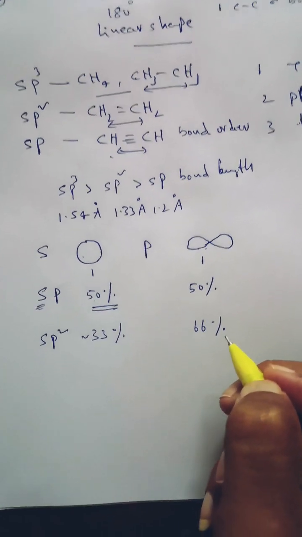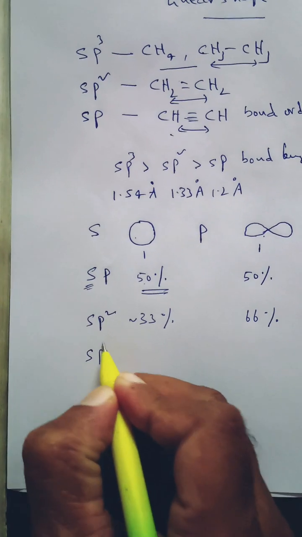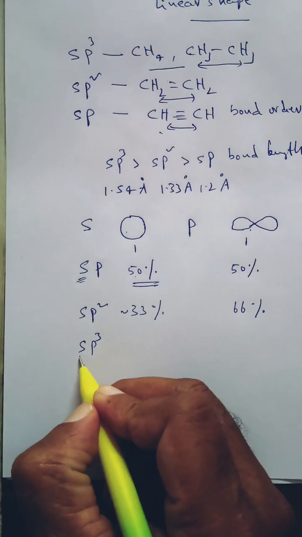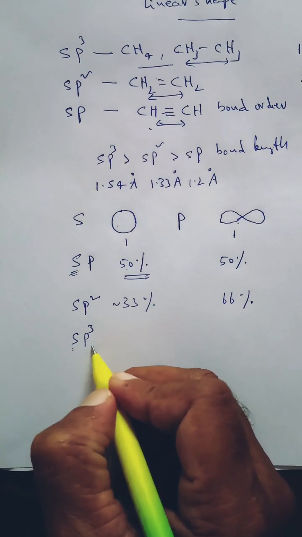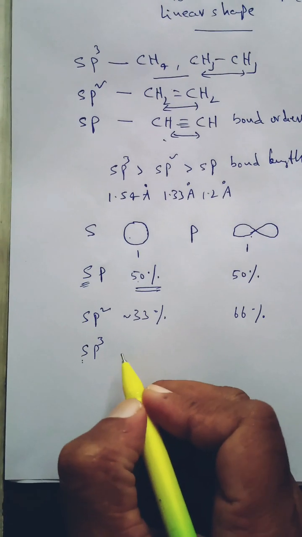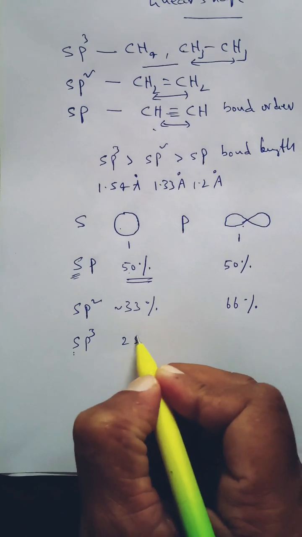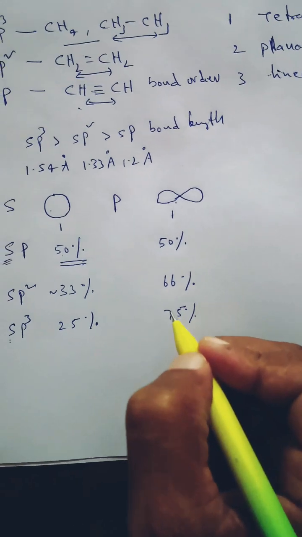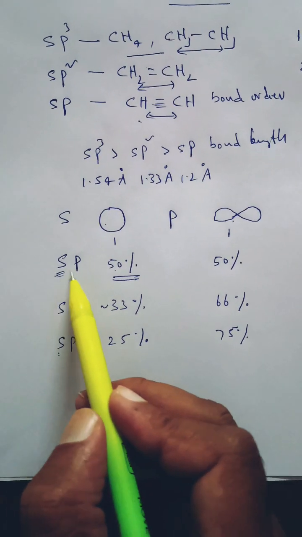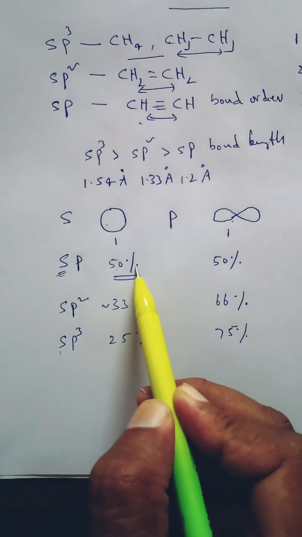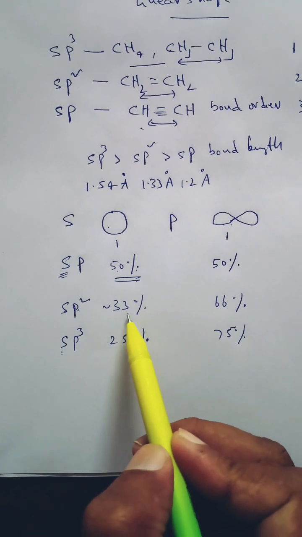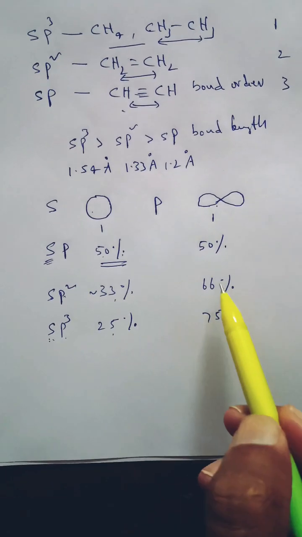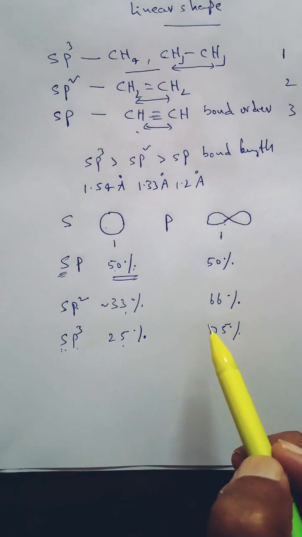And in sp3 hybrid orbitals, s is 1/4 and p is 3 times, that means nearly 25% s character and 75% p character. So sp hybrid orbitals have 50% s character, sp2 have 33%, sp3 have 25%, and the p character is accordingly as I wrote here.